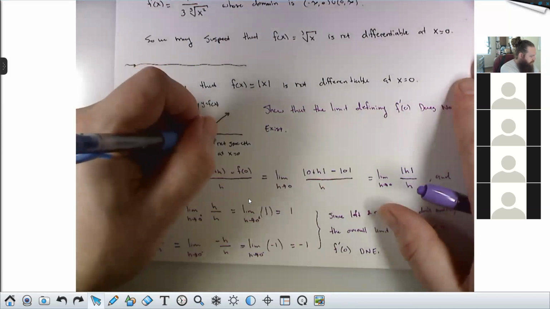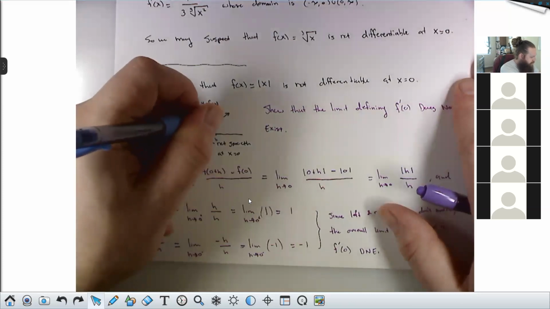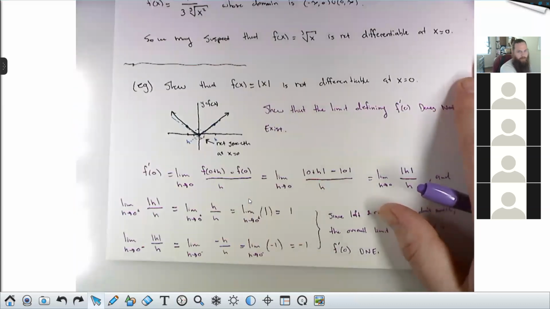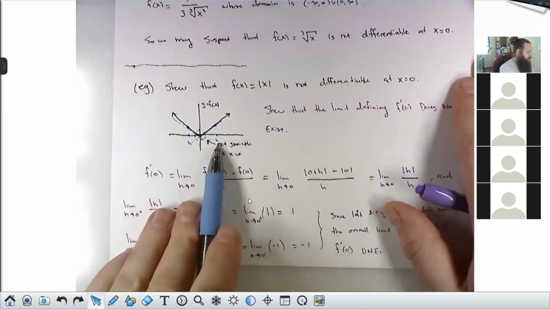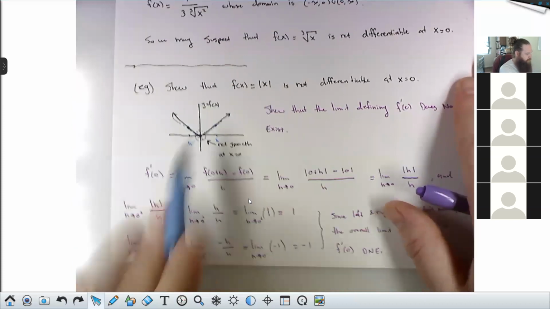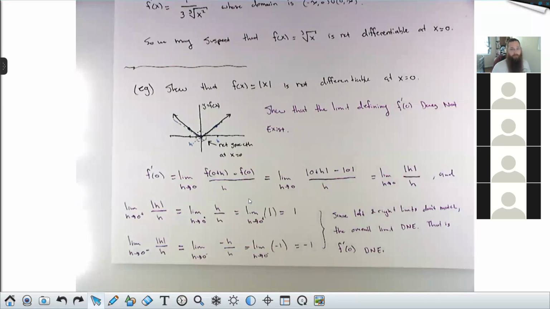And on the other hand, if you're thinking of h as being over here, then the slope that we're looking at is this guy, which would always be positive 1. So as h comes in from the right, the slope stays positive 1. As h comes in from the left, the slope stays negative 1. And those don't match. And it's precisely that lack of matching that gives us the not smooth behavior.